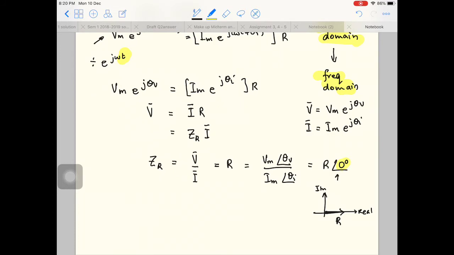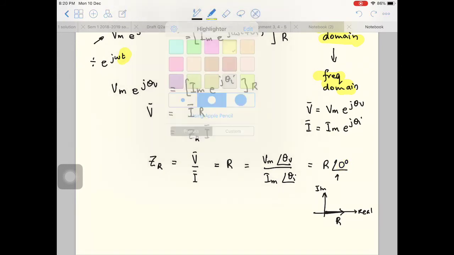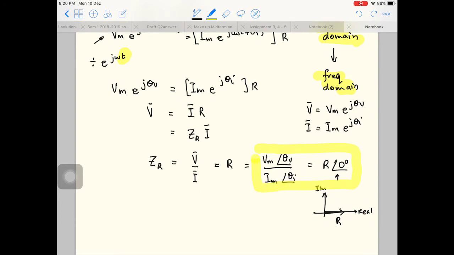Okay, so based on this part, we know that theta v minus theta I is equal to 0 degrees, or we can say that theta v is equal to theta I, and this means that there is no phase difference, so they are in phase.